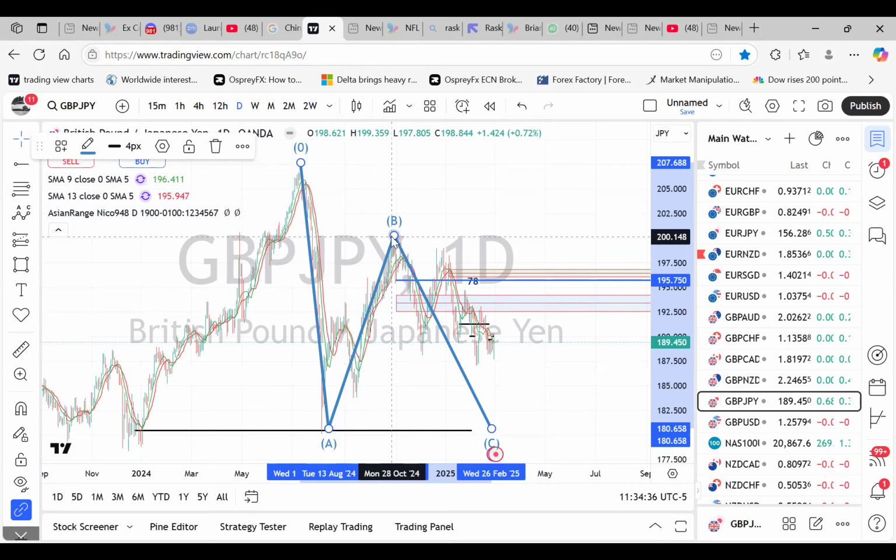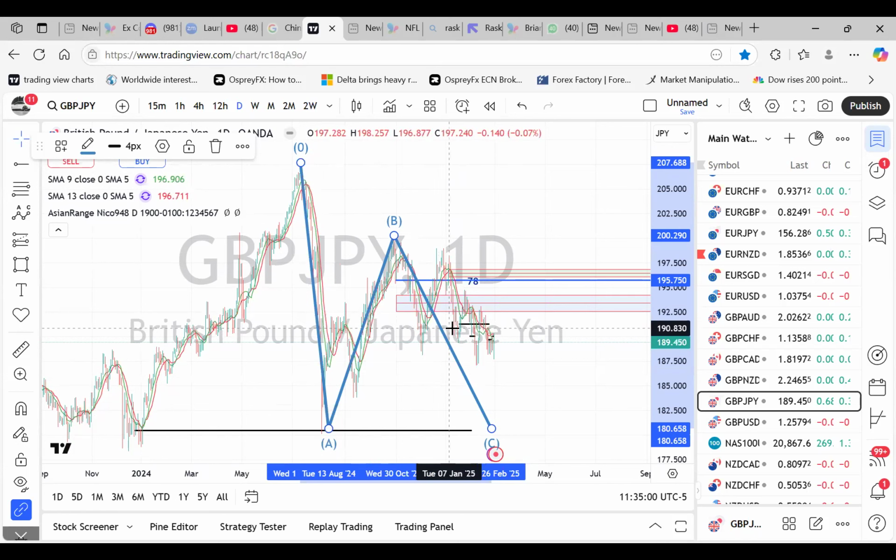Yes or no? Yes. Okay. So if you believe in structure, you went from a high, you market structure shift, however you want to look at it. There's your chalk, there's your pullback that supported this high. Now we're targeting this low.